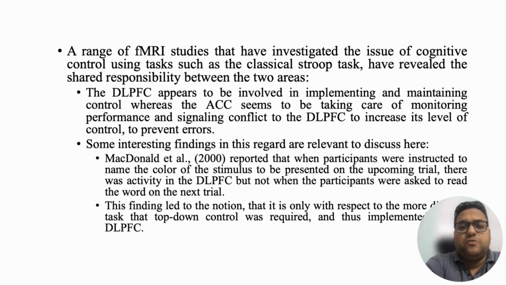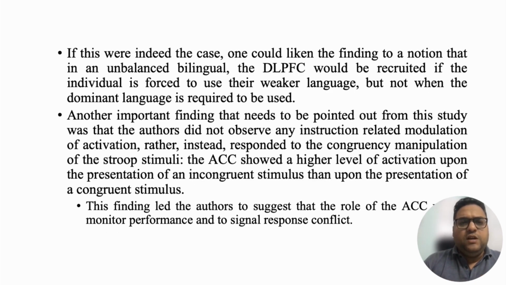This finding led to the notion that it is only with respect to the more difficult task that top-down control is actually required and thus implemented by the DLPFC. However, if this were indeed the case, one could liken this finding to the notion that in an unbalanced bilingual, where, say, for example, the L1 is very strong and the L2 is not, the DLPFC would be recruited if the individual is forced to use their weaker L2, but not when they are asked to respond in their stronger L1.